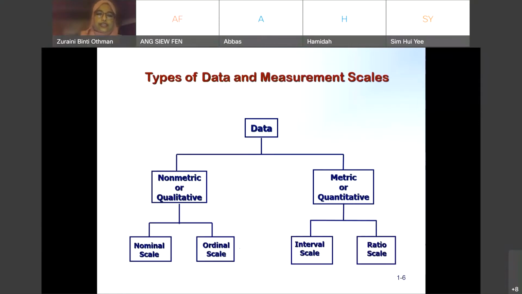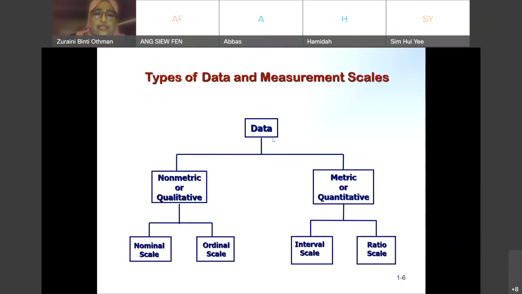Then we go to the next, which is type of data and measurement scale. Okay, we have data. If we want to do analysis, we have to do the analysis after we find the data, right?